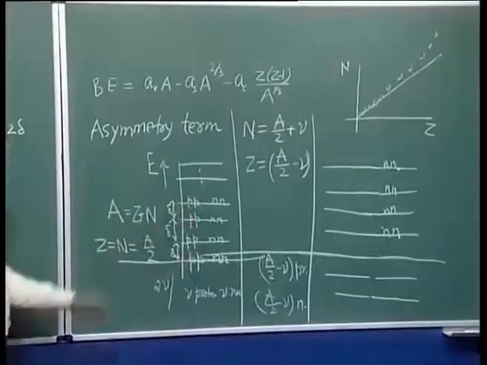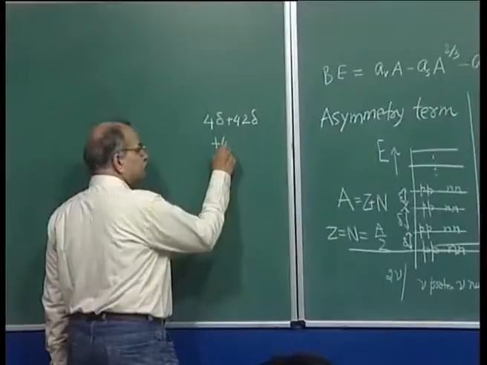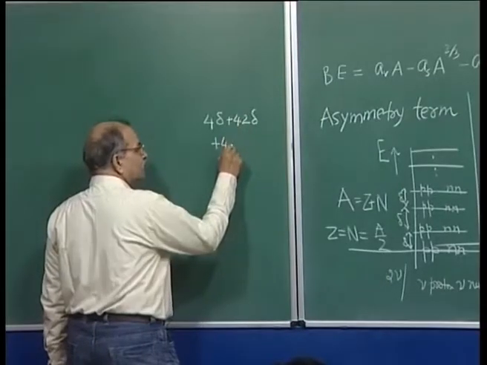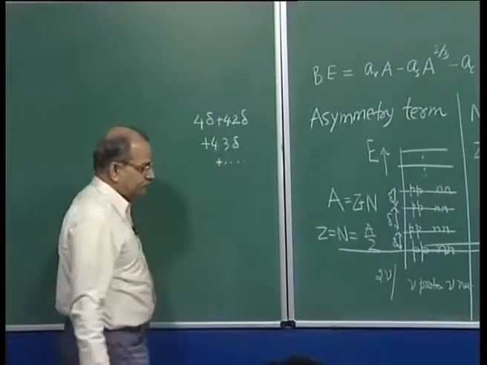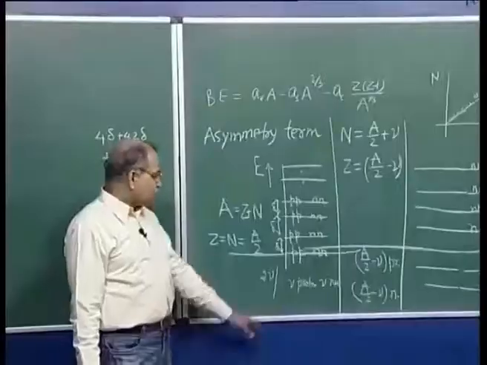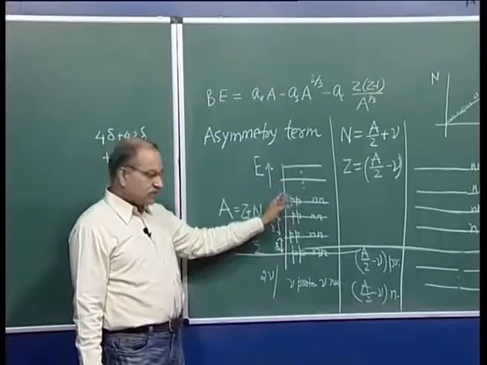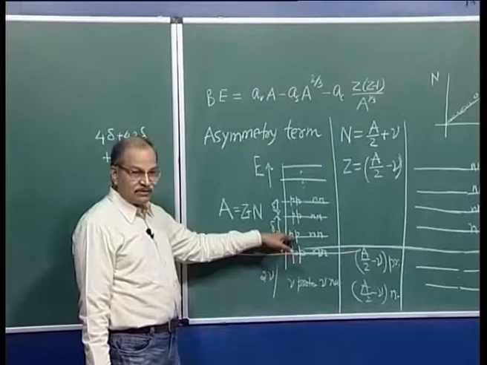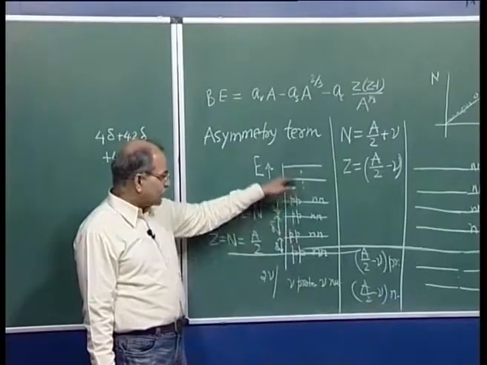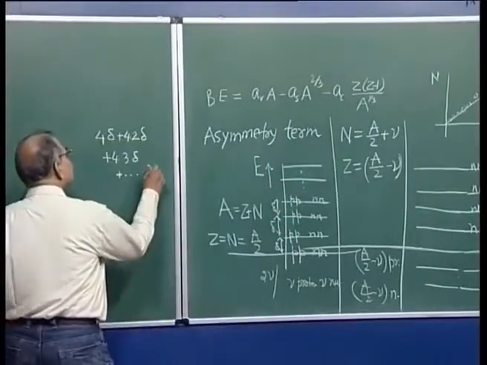Okay. Then there are 4 particles at energy 3 delta. How many terms will there be? There will be nu by 2 terms. You have new protons and new neutrons. You are putting 2 in one level. So, how many levels are you going? Nu by 2. So, there are nu by 2 terms.